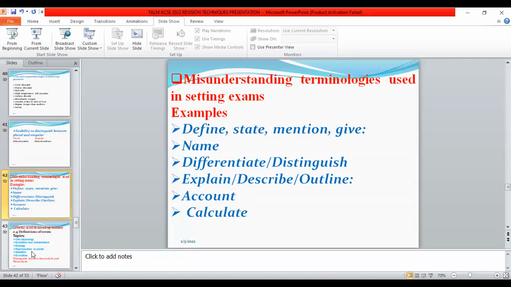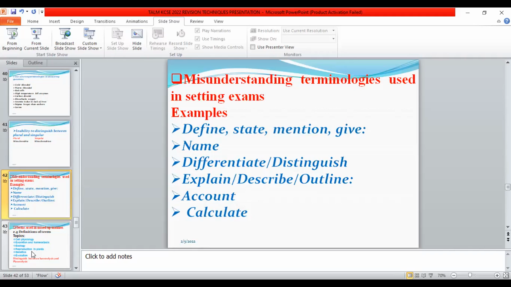When you look at naming, although we might see as if naming means the same as defining, we need to understand that when students are told to name in an exam, this question should be understood by the student very well because, one, they need to note that as they give that name, the name must be written in full.